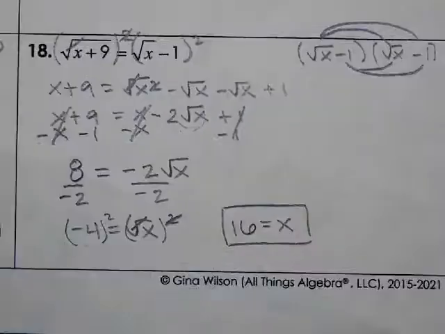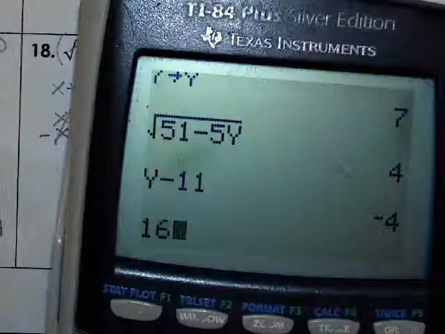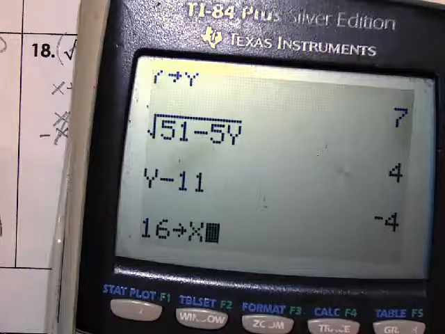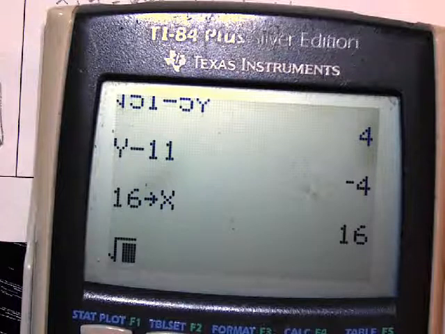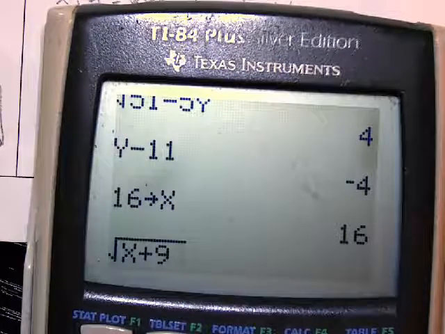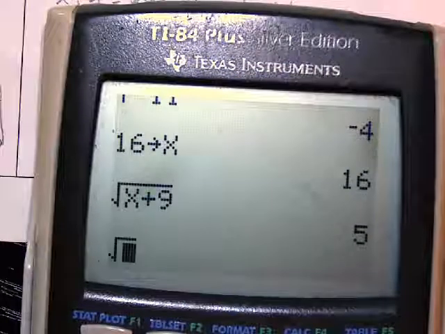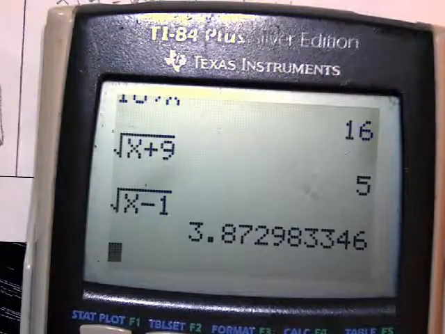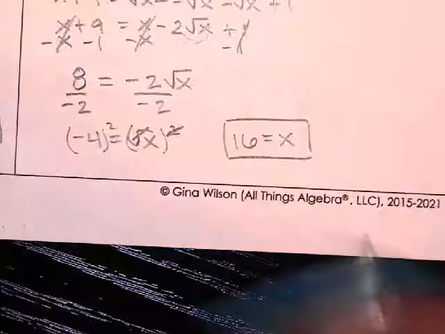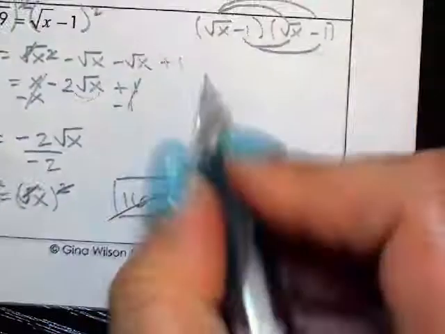So square root of x plus 9, I want to make sure that's the square root of x minus 1. It is definitely not. So this is an extraneous solution, and then for this problem we're going to say no solution. We did the work, we just couldn't get there.